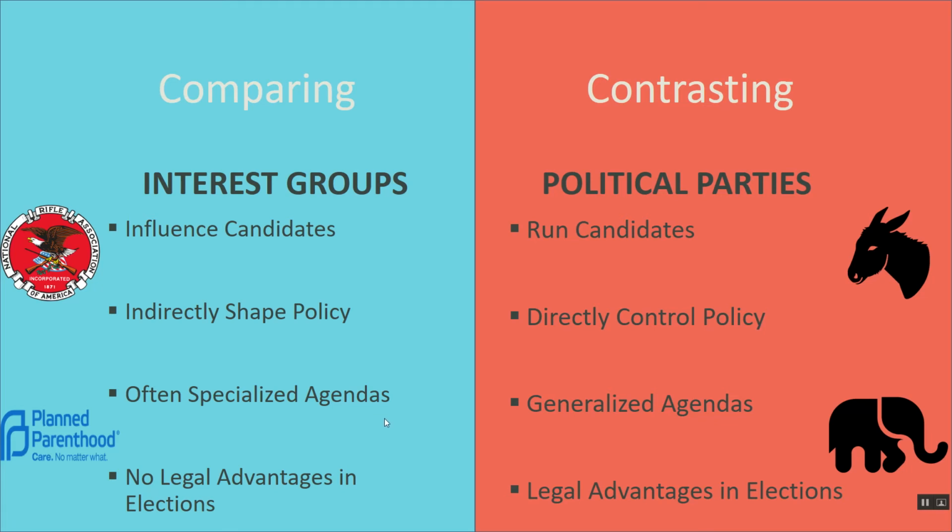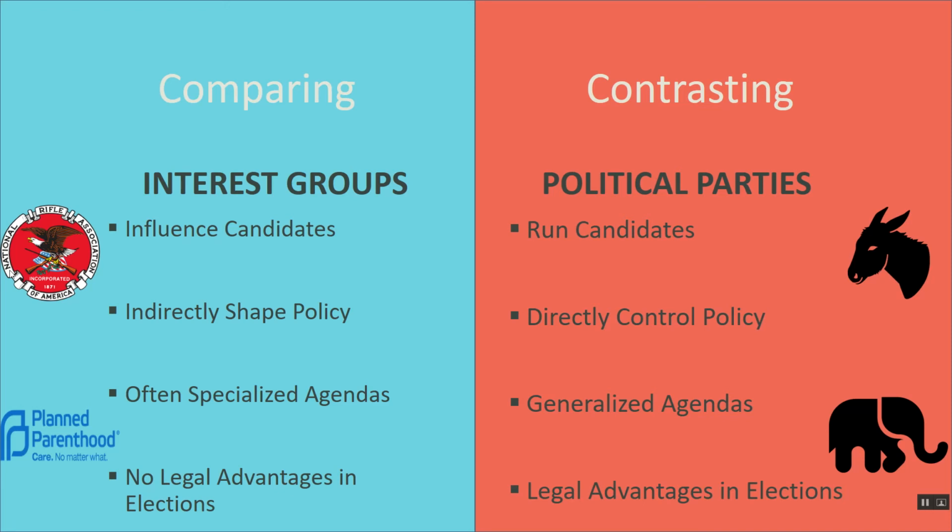You're therefore more likely to see organizations like the NRA or Planned Parenthood, which focus on very, very limited or narrow issue areas like abortion and family planning or guns, on the interest group side of the screen than on the political party side. See, voters who participate in elections and determine which candidates win tend to have very varied interests.